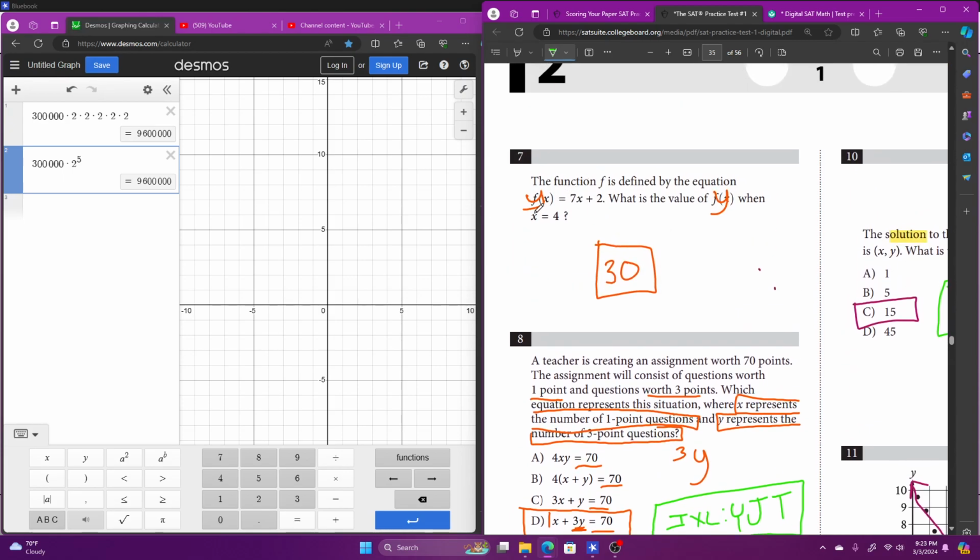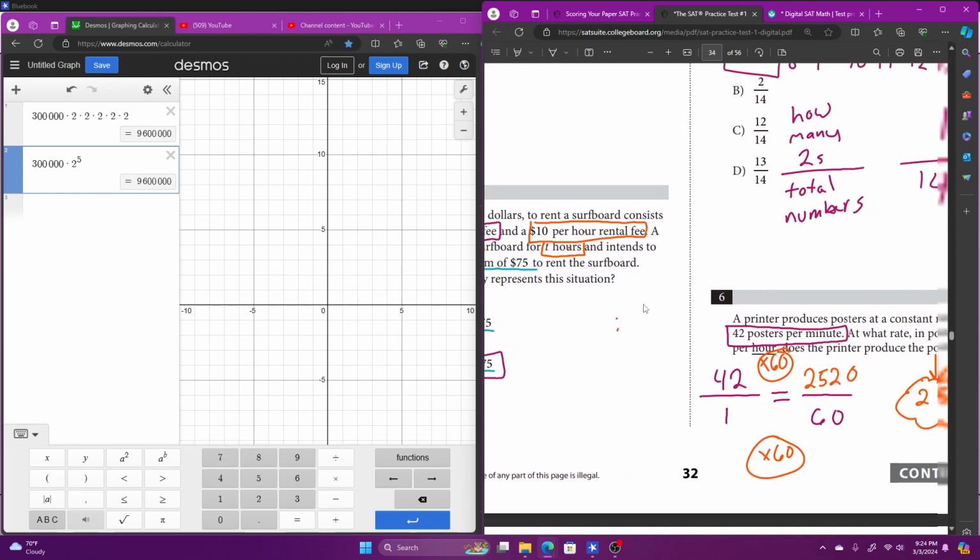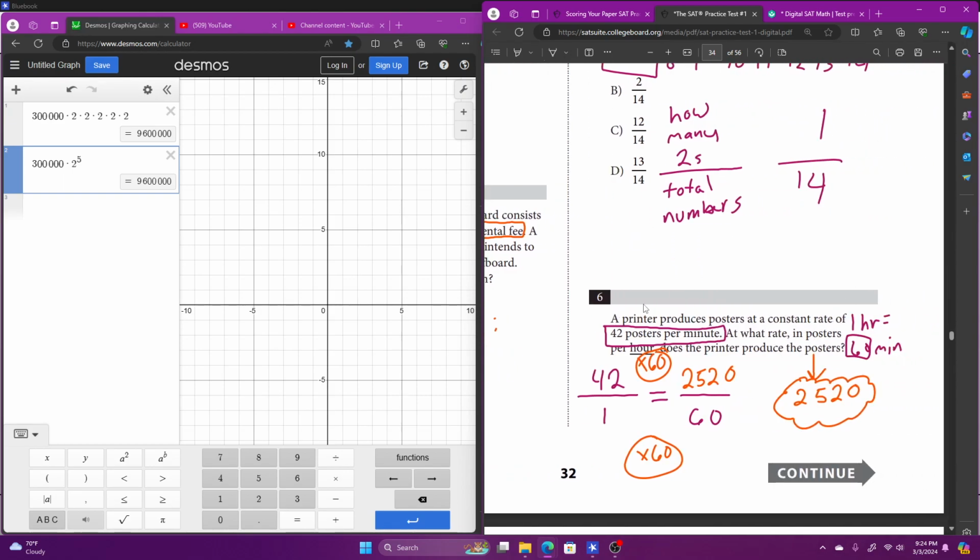Question 7 on IXL, I pick lesson R96. Question 6 on IXL, let me flip back on my notes. I pick lesson VNU.